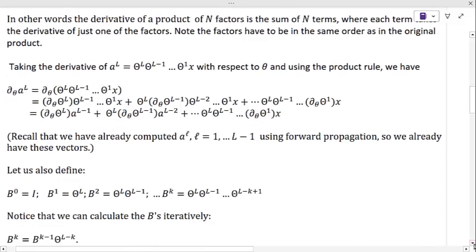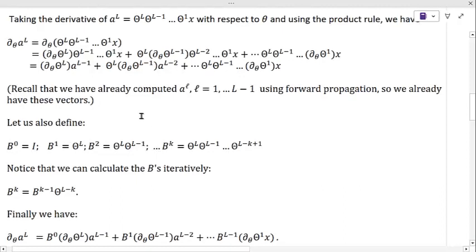I'm going to define the matrices in front using the letter B. So B0 is I, there's no matrix in front. For the second term, theta L is in front, so B1 is theta L. B2 is going to be theta L minus 1, and so on, all the way up to K here.